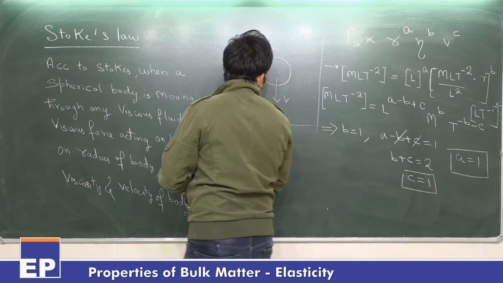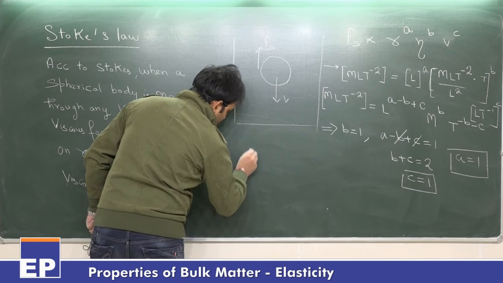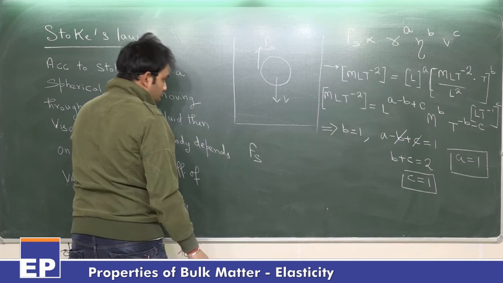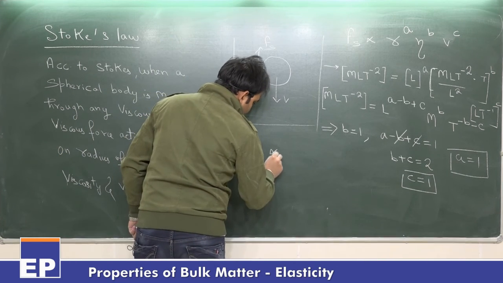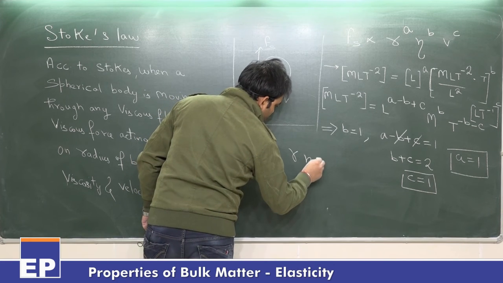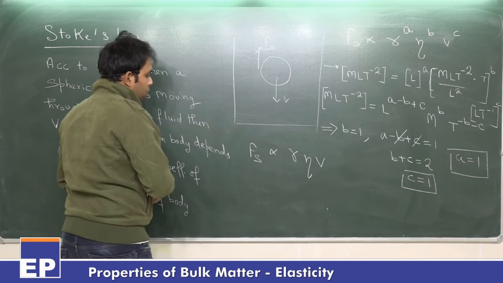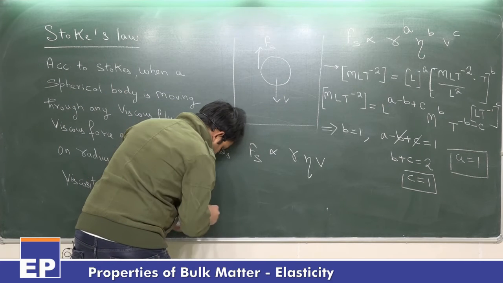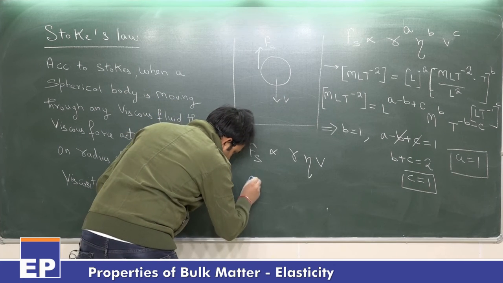So the force is directly proportional to R raised to the power 1, eta raised to the power 1, V raised to the power 1. And the constant that is used is 6 pi.